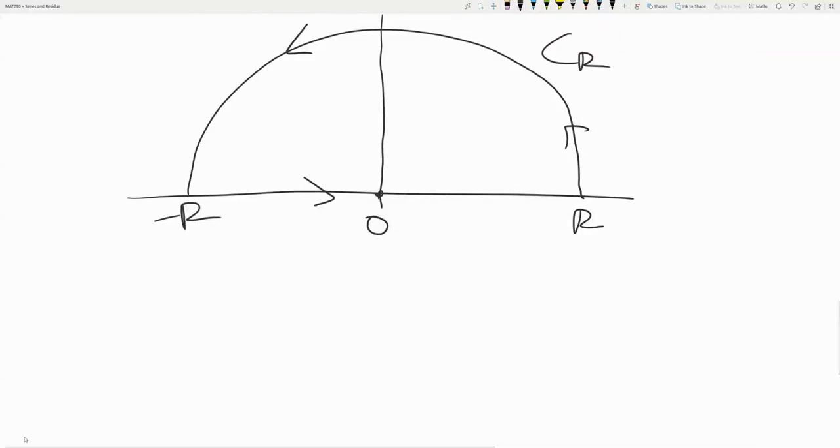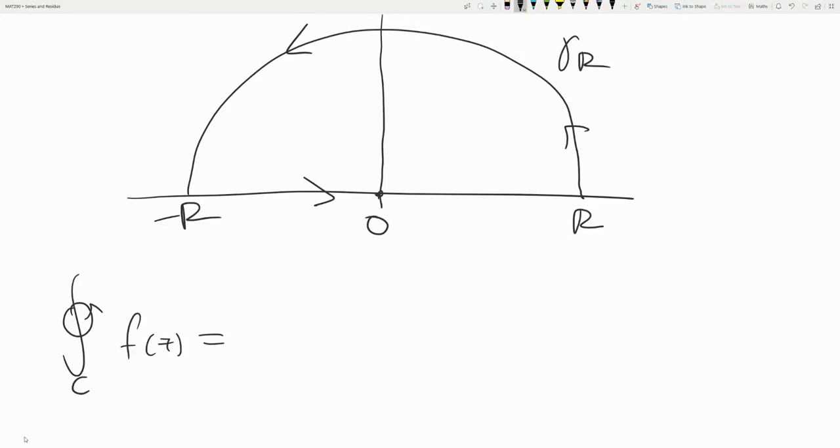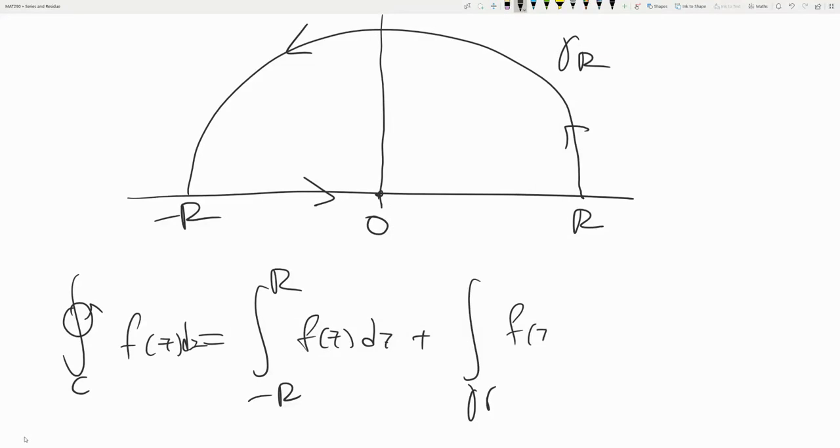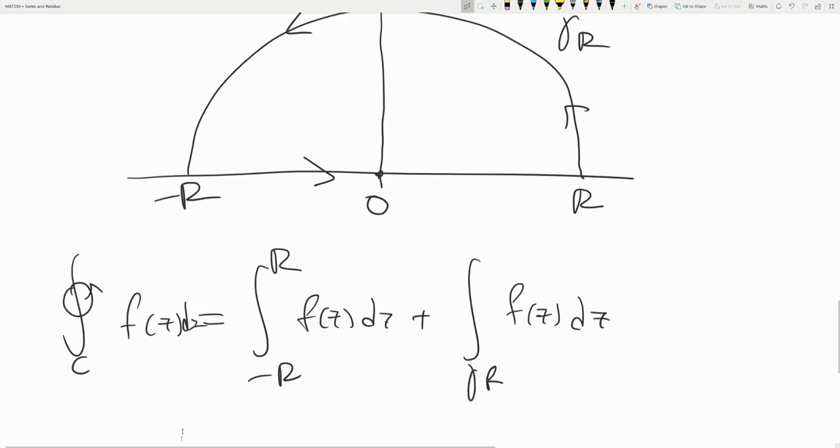Let me write it as gamma R if you like. Some people write C R, doesn't matter. So we have a contour C and we split it. We have the segment from minus R to R, and then we have this semicircle.